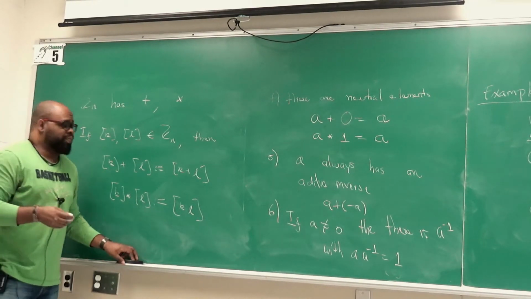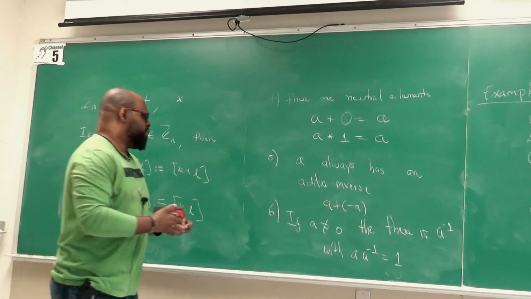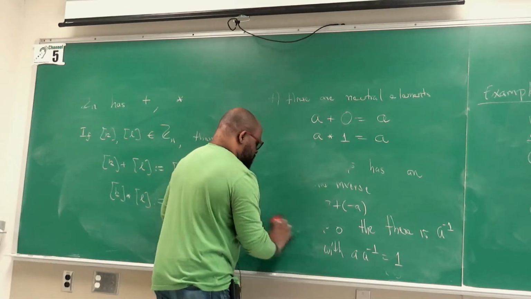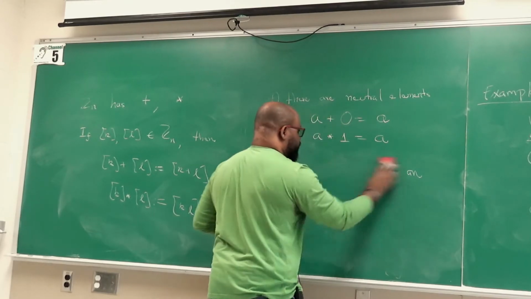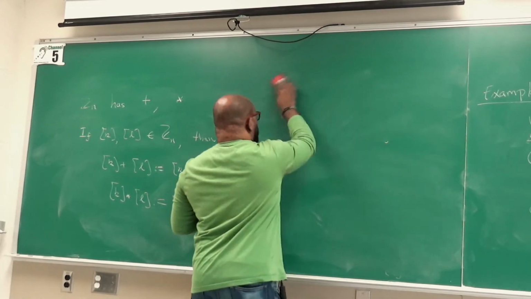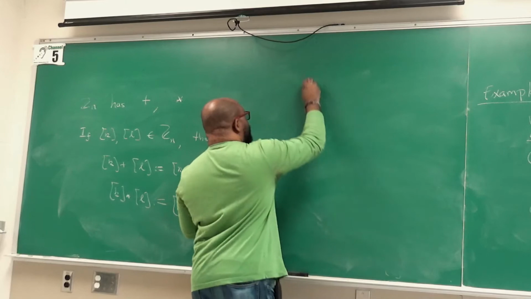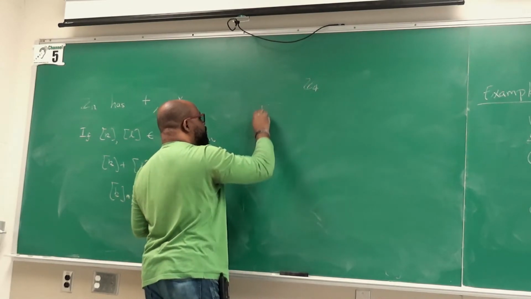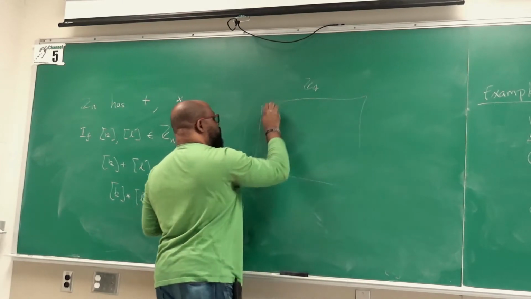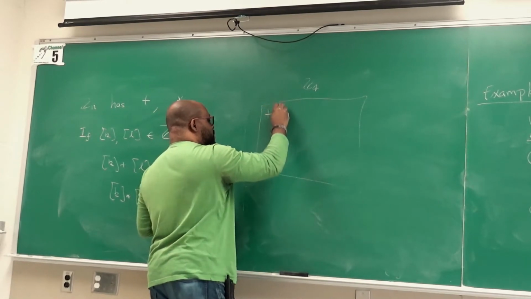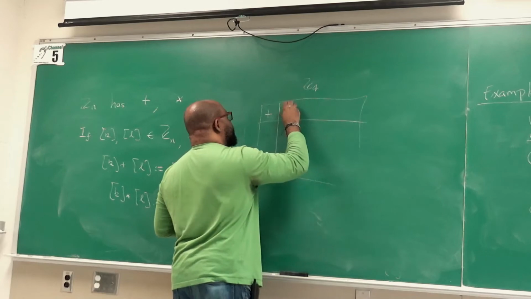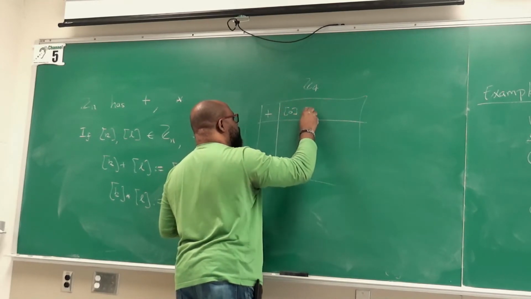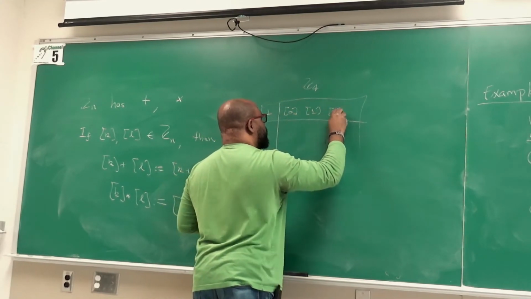Right, so for example, let's do Z mod 4. So in Z mod 4, let's do the addition table. Right, so addition, and we're just gonna put the classes in here. The class of 0, the class of 1, the class of 2, and the class of 3.